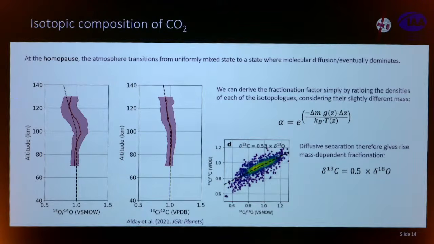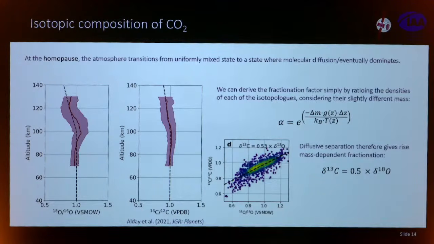12CO2, are propagating upward. And we see that there is a deviation at higher altitude. And we see this decline, which actually is the result of the diffusive separation of the two isotopes. One is heavier, because at higher altitude the turbulent mixing, or the overall mixing of the atmosphere, is no longer dominant.